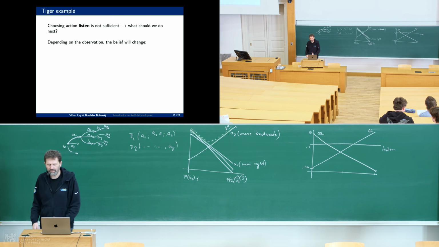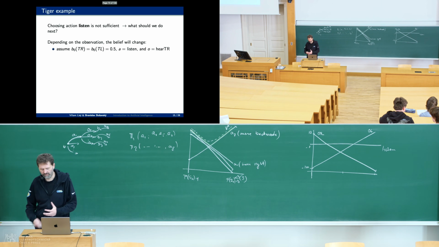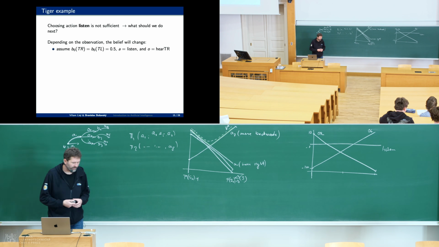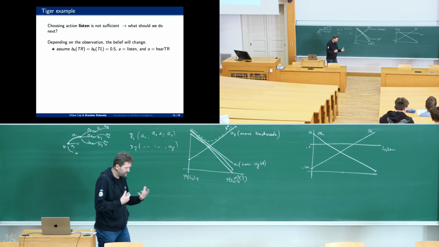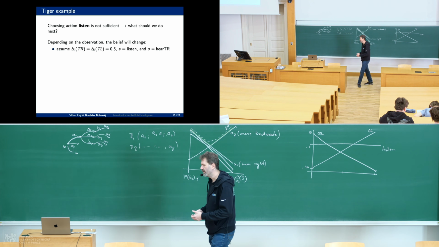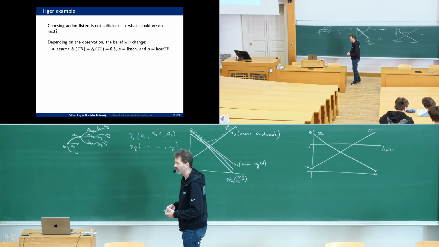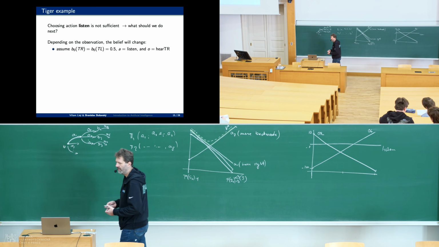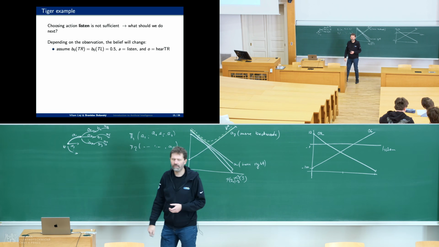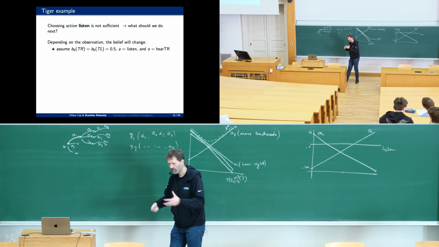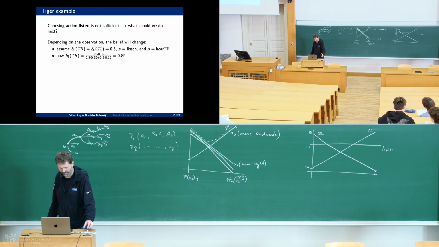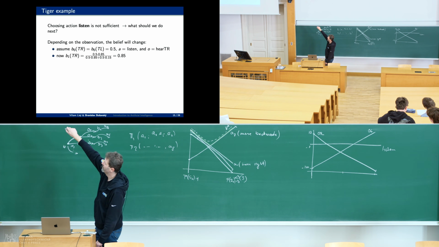Depending on the observations, we need to update our beliefs, and we can use the Bayesian rule to compute the new belief if we start in our initial belief 50-50, and we play action listen, and we hear the tiger on the right side.